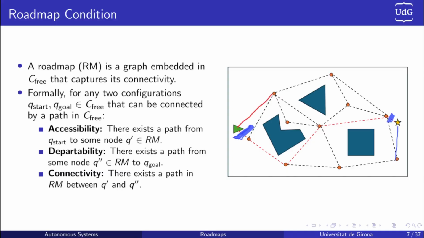And the last part is now that we have selected this Q here, that we call Q prima, and this Q here, that we call Q prima prima, we need to check if we can connect these two nodes in the roadmap. Roadmaps can be discontinuous, okay?